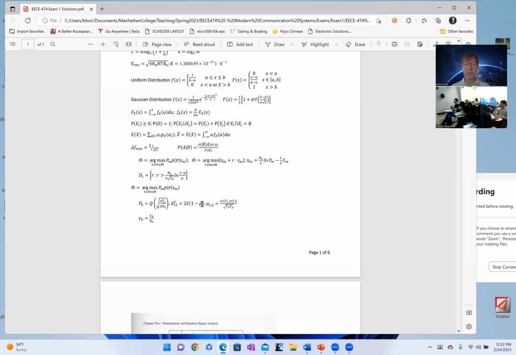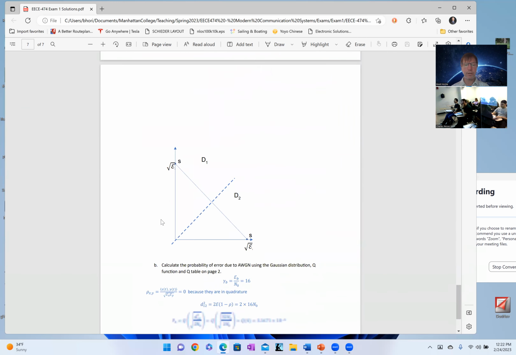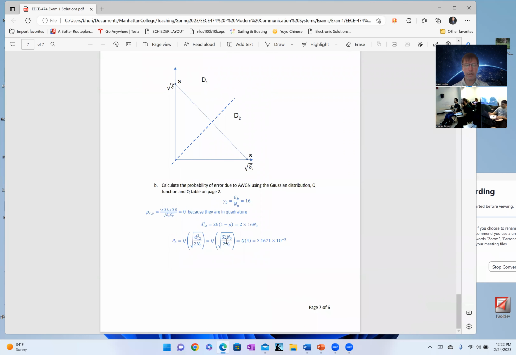So you plug in 0 here, and you end up with 2 times E. So that's d sub 12 squared, and you can put that up there. And I've given you the signal-to-noise ratio, so you can put the energy in terms of the noise, or the noise in terms of the energy. You should have enough information there.